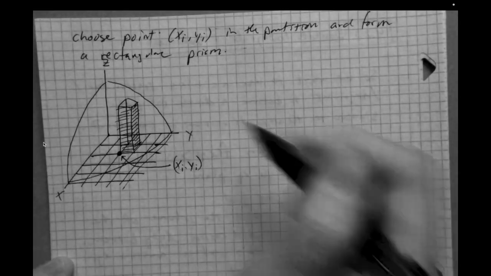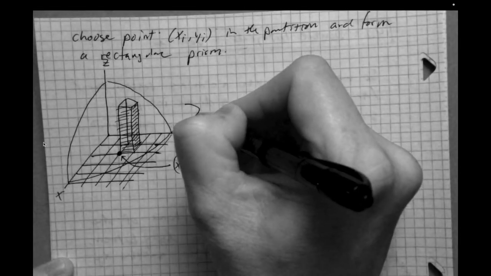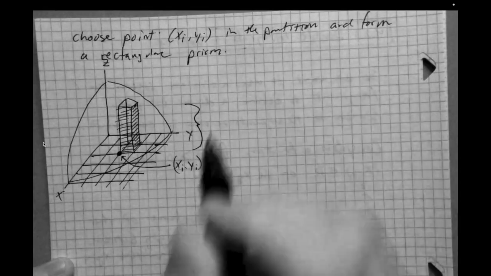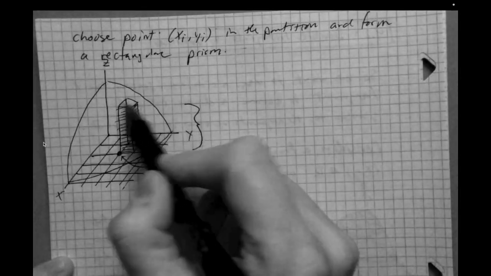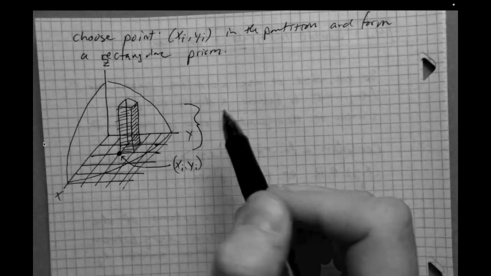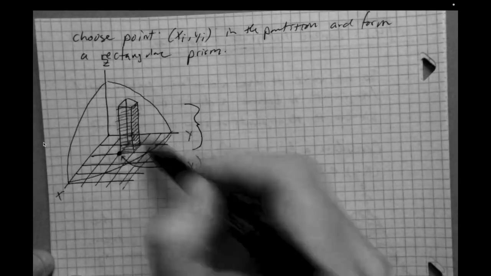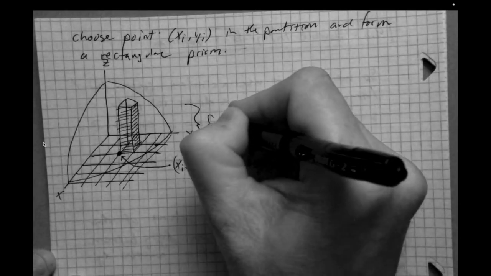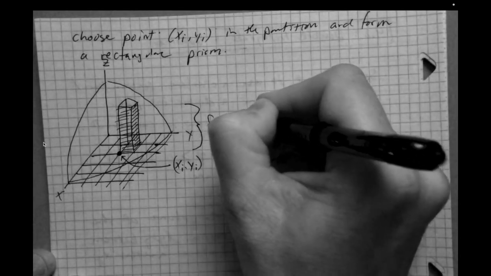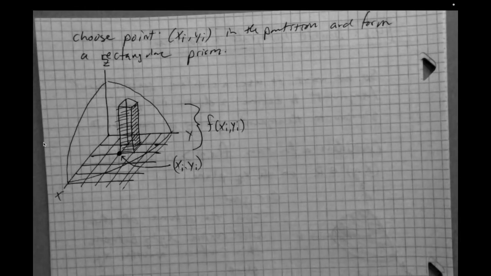The point here we'll denote as xi, yi. And what's the height of the prism? It's going to vary depending on which corner inside the rectangle you are. But if we're talking about the height above xi, yi, the height is going to be f of xi, yi. That's going to tell you how high the surface is off of the xy plane.